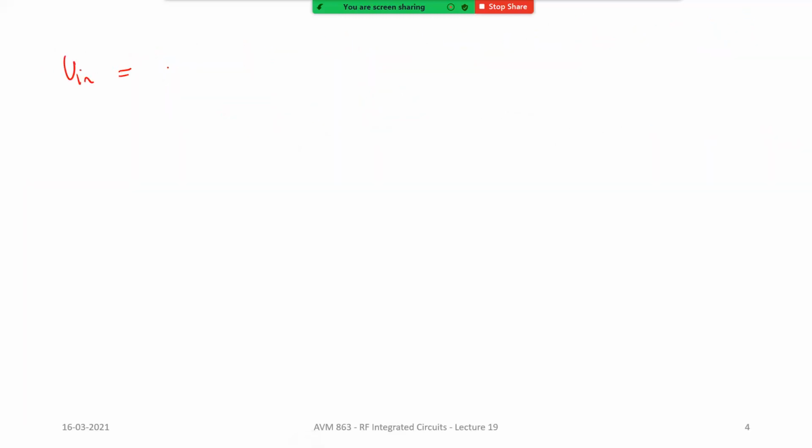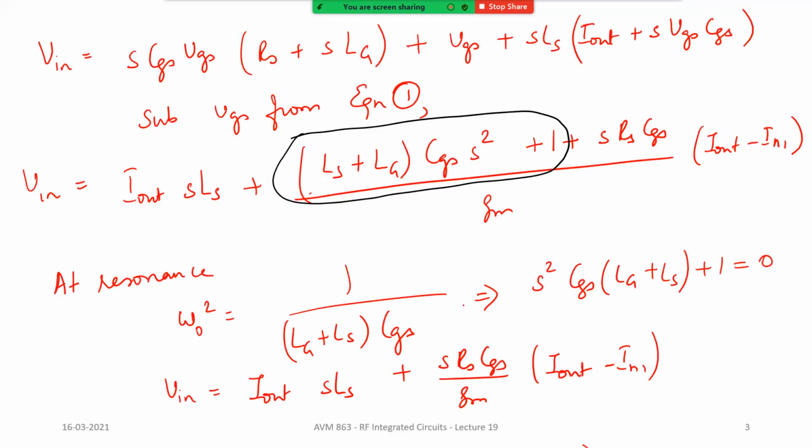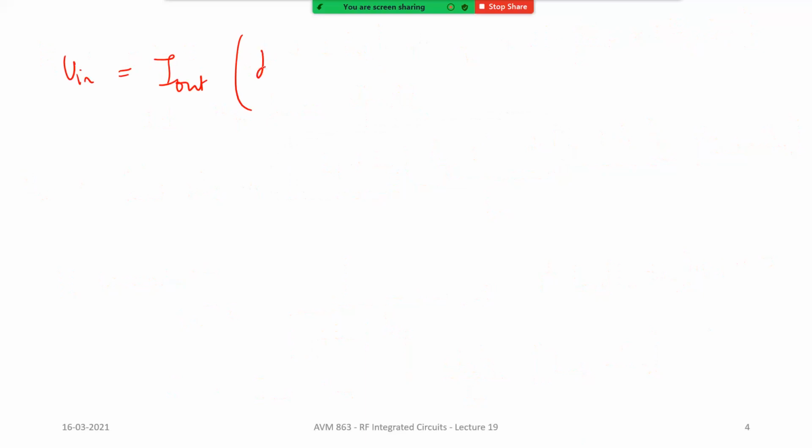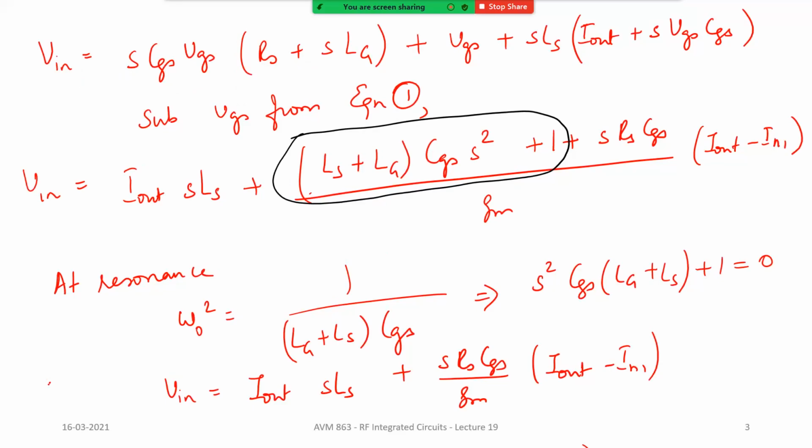So we say V in is equal to I out into, what all terms do we have? We have S Ls. Let's write it as j omega naught Ls. Okay, we are writing all this at resonance. Okay, so this equation is valid only at resonance.